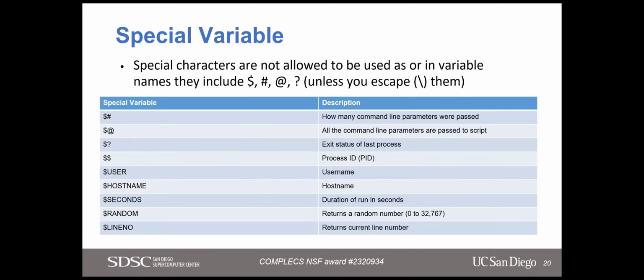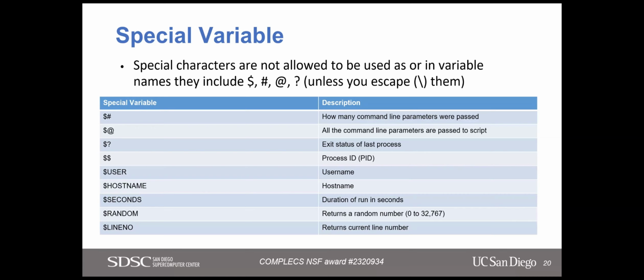Again, this is not a comprehensive list of everything that's out there, but here are some of the special variables that you have access to. The first three are very useful in debugging. The first will tell you how many command line parameters were passed. When we start scripting, you'll see that you can input parameters simply by following the shell script name with various parameters, to ensure that you're getting the right amount of parameters.